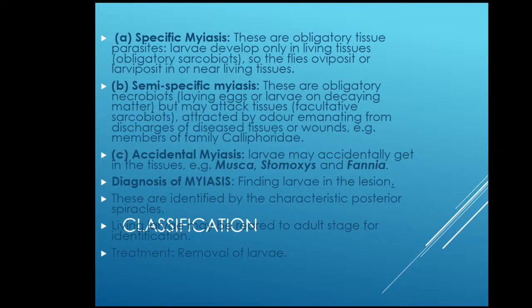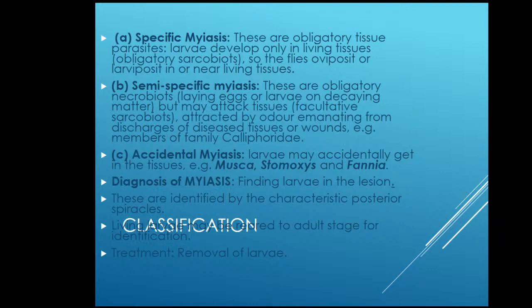Semi-specific myiasis is caused by larvae of obligatory necrobiotes. So mostly these flies lay eggs into decaying material, but sometimes they attack humans because they are attracted by the odor emanating from discharges or decaying tissue.